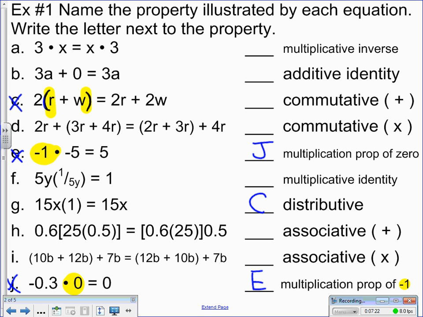Another property, adding 0, gives you the same thing. So that's the additive identity. Multiplying by 1, that would be the multiplicative identity.